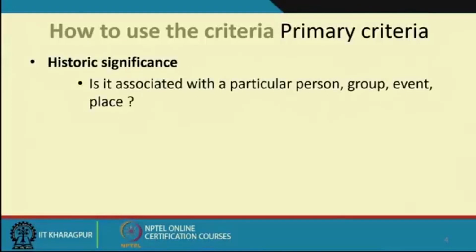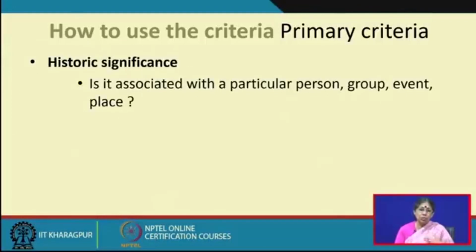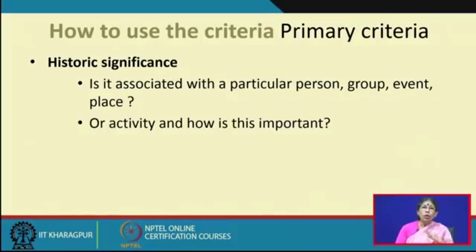Now, let us talk about historic significance. This is a sort of checklist which I will go through quite quickly, on what it means to have historic significance. For example, is it associated with a particular person, group, event, place or activity, and how is this important?